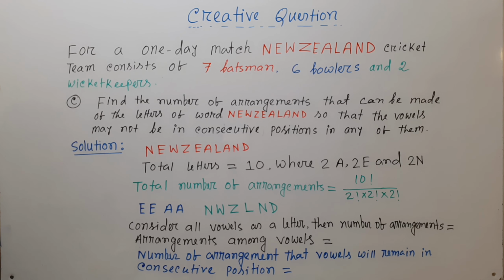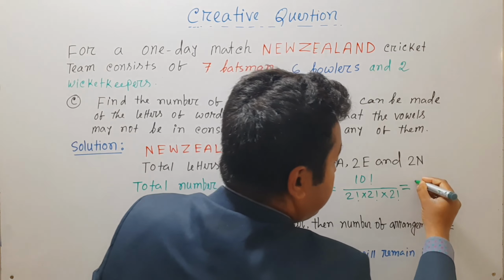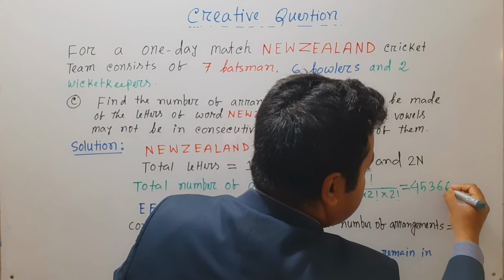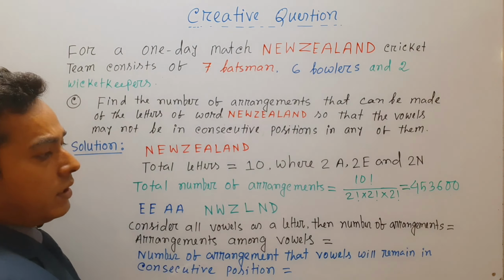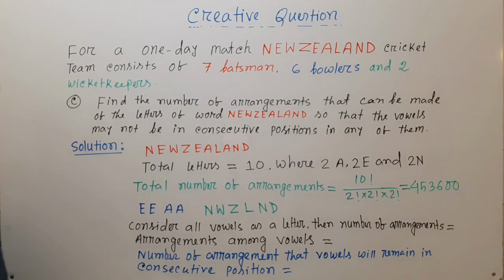Now the answer of this is equal to 453600. Okay, the calculation of this is equal to this. Now this is the total arrangement of New Zealand.